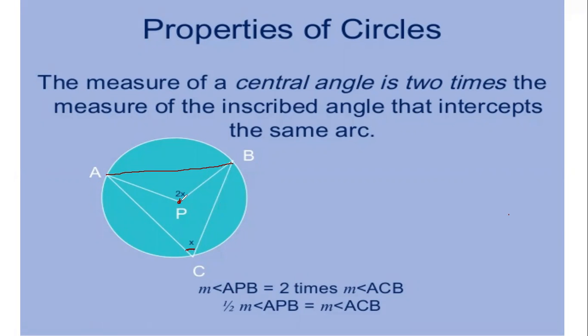The angle subtended at the center is always 2 times the angle subtended at the circumference. That's why this angle here is 2x, and this angle here is x. So the angle at the center is always 2 times the angle subtended at the circumference, from the same chord.